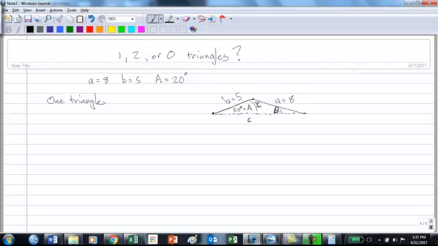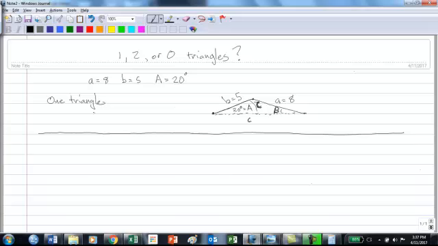But you can get a good idea looking at this, and then you can prove it using the law of sines, whether you have zero triangles, or two or one triangle, as I'm saying we have here.